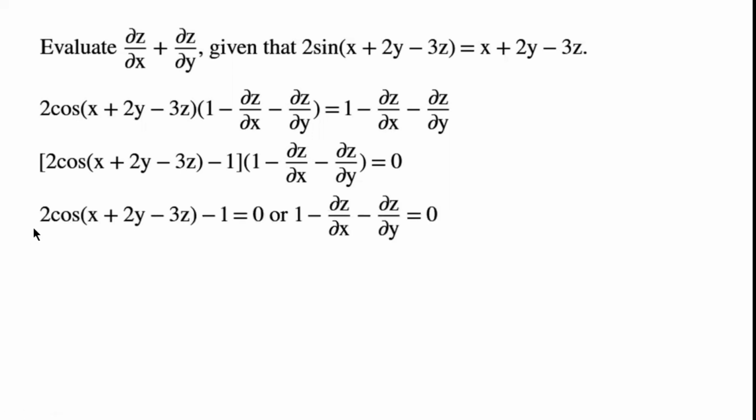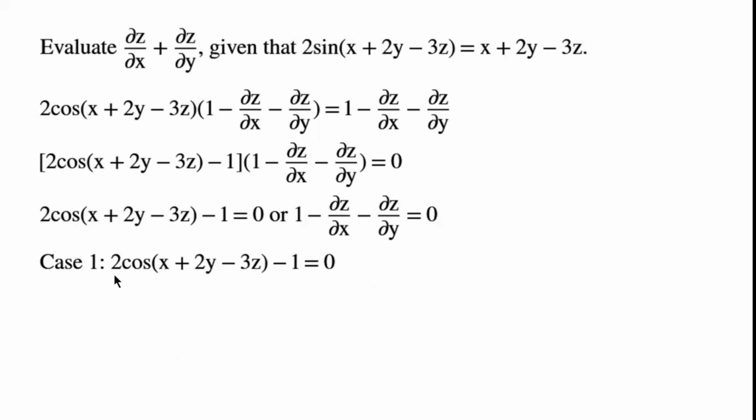So 2 cos(x + 2y − 3z) − 1 equals 0, or 1 − ∂z/∂x − ∂z/∂y equals 0.